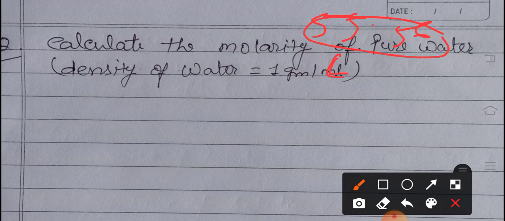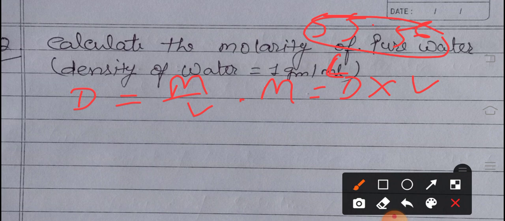So first we calculate the number of moles of water: the weight of water divided by the molecular weight of water. Now density equals mass upon volume, so the mass of the water equals D into V.